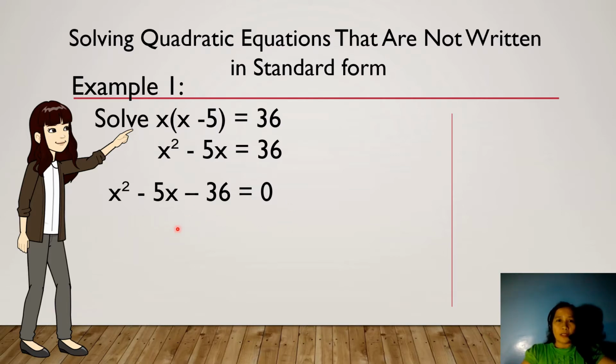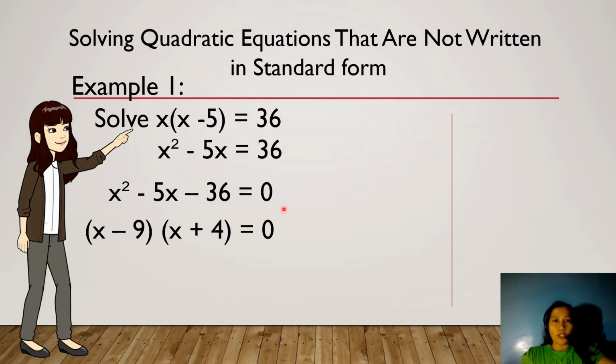After that, you are going to find the roots or the solutions, the two solutions. How? By using quadratic formula, factoring, completing the square, and extracting square roots. So, the method we can use is factoring. What are the factors of this equation?